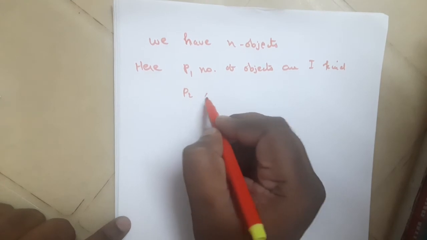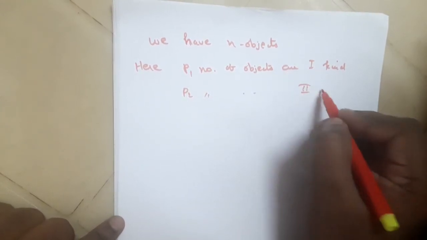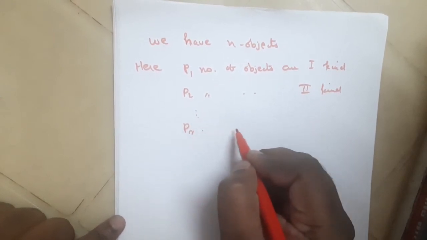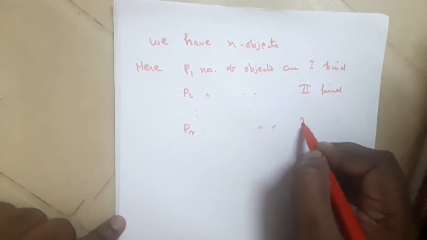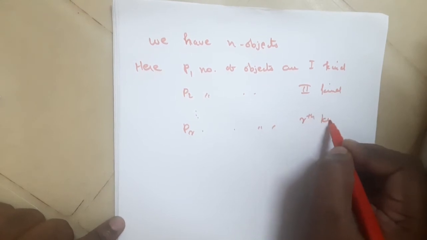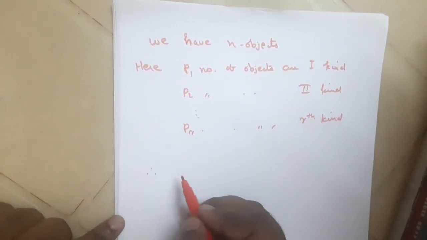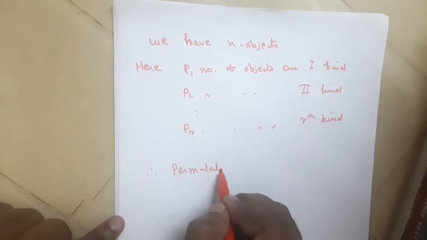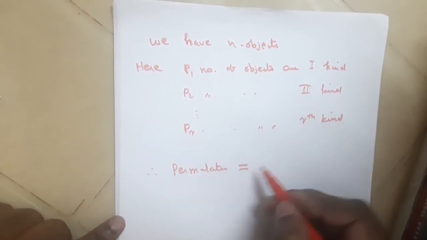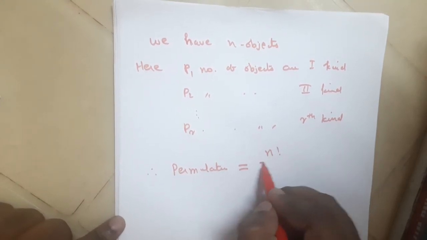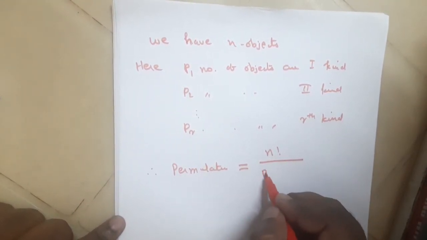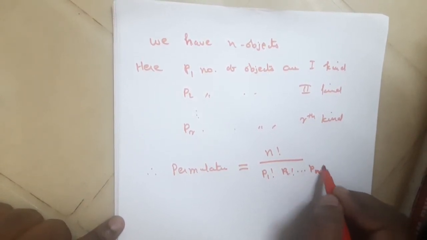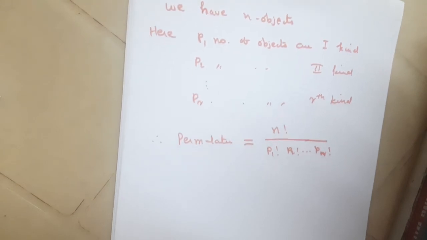Similarly, P2 number of objects are of the second kind, etc., PR number of objects are of the rth kind. Then the permutation is given by n factorial divided by P1 factorial, P2 factorial, etc., PR factorial. This is the formula.